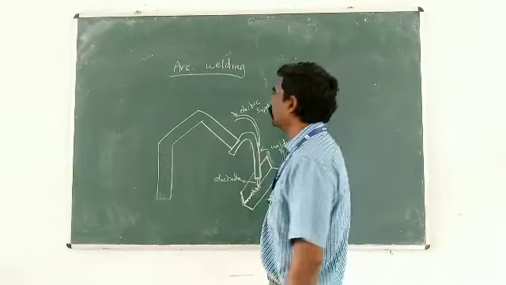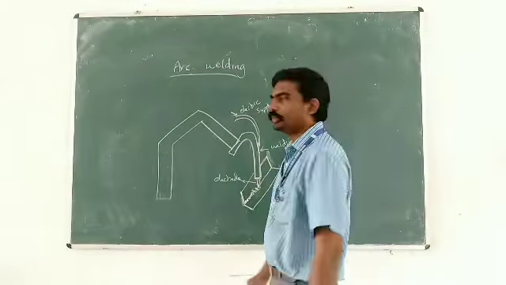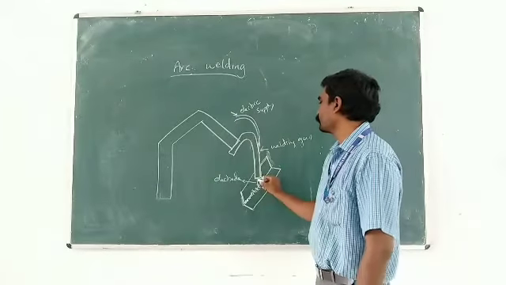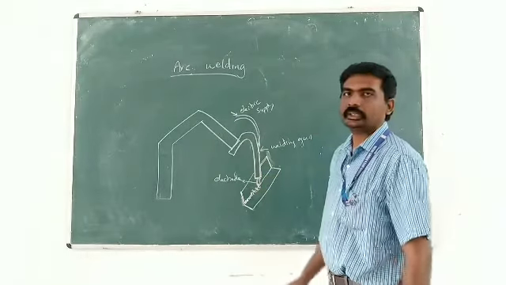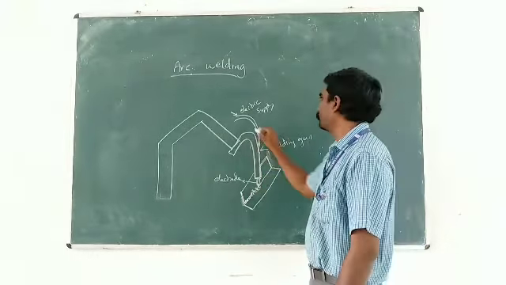In arc welding, here you can see two plate points. Here you have to weld it continuously. Here is the welding gun. This is the electrode. There is an electrical power supply, and there are some gas points.